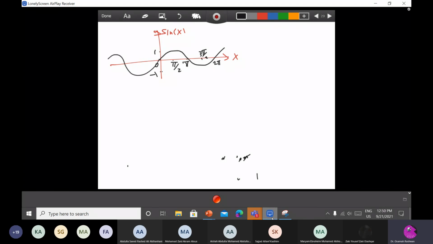So you can go to the other side like this, at minus pi over 2, minus pi, etc. So the sine function has a value between -1 and +1, right?